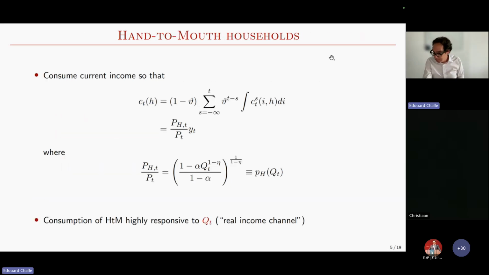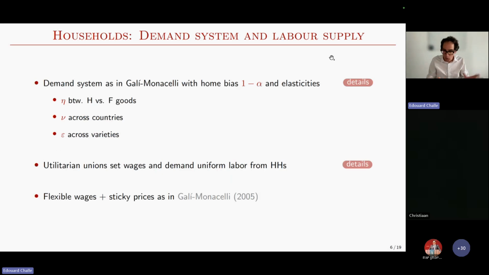Okay, and that's pretty much all for the behavior of the consumers. Of course, it's an international macro model, so there is a demand system associated with the consumptions of both groups. It's going to be spread between home-produced and foreign-produced goods, depending on trade elasticities.